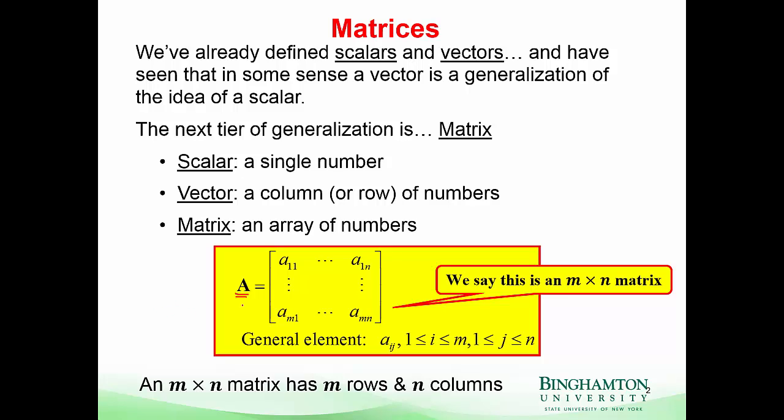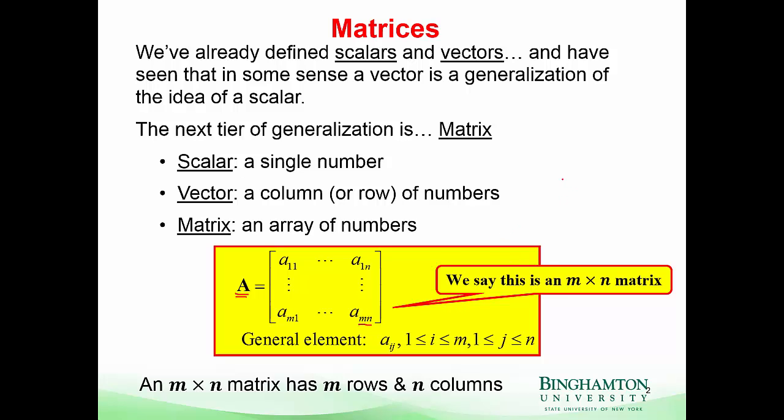And just like we had a way of indexing elements of a vector, we have ways of indexing elements of a matrix, except now we need a double subscript. The first entry tells us the row, and the second entry tells us the column. So a sub mn is in the mth row and the nth column.